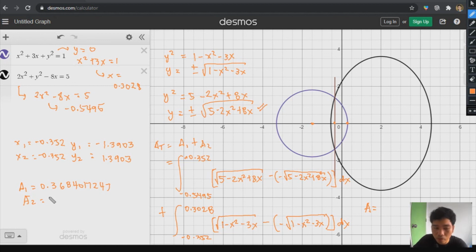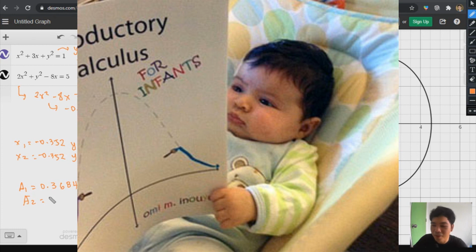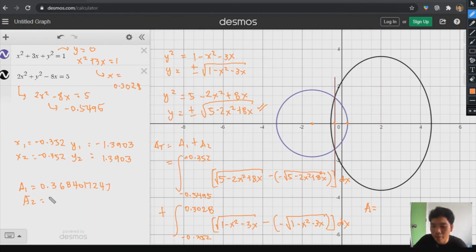Pero syempre, sabi ko nga, nag-stick ako sa paggamit ng 570 na yon kasi nga, alam naman natin na yun lang yung allowed sa board exam. So, hopefully, masanay kayo using that certain calculator. Kasi pag yung iba, tapos nasanay ka na din, tapos biglang bago. So, medyo mahirap. Kaya kailangan bata pa lang, maaga pa lang, sanay na kayong gamit ng calculator na gagamitin nyo din sa board exam.